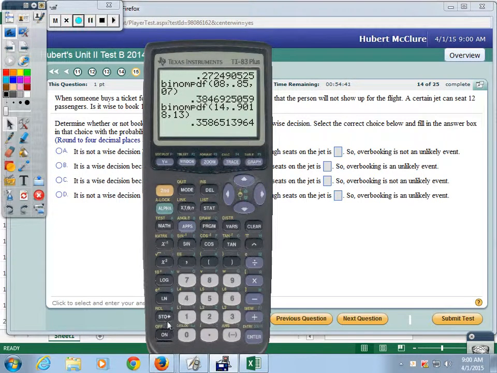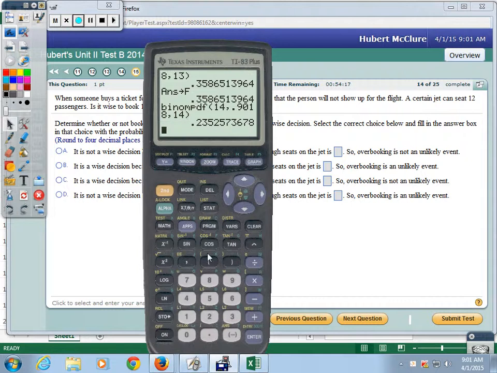So store, where you buy your bread, alpha, and we'll call that the first number, so we'll call it F. And then second function, enter. Second function, enter. And change that to 14.